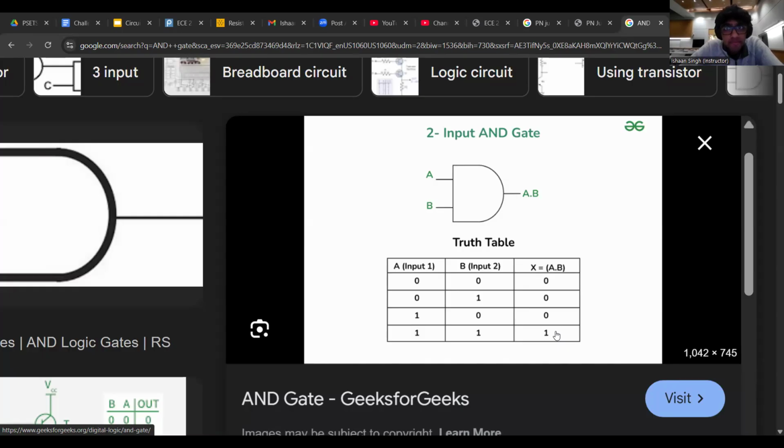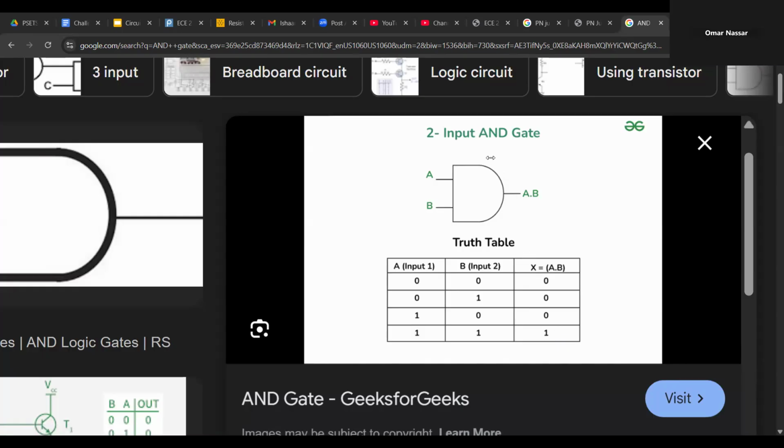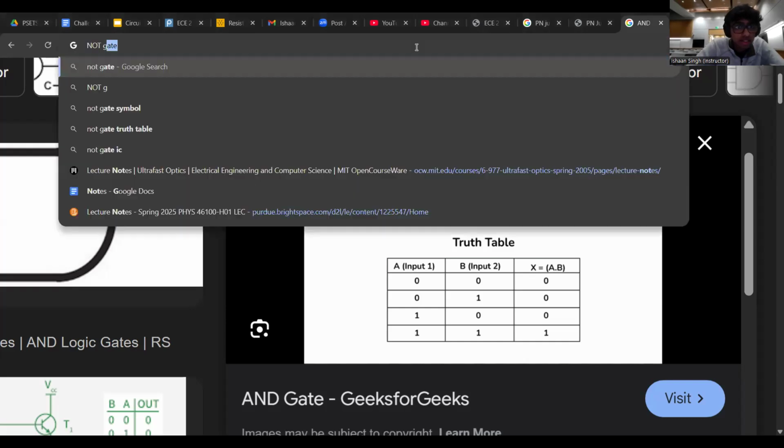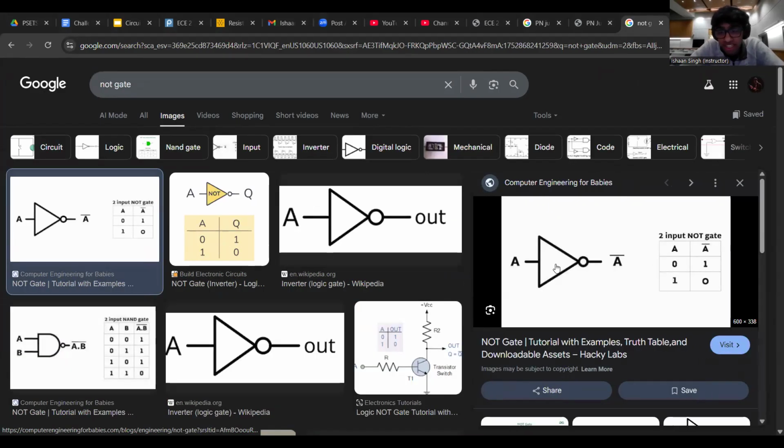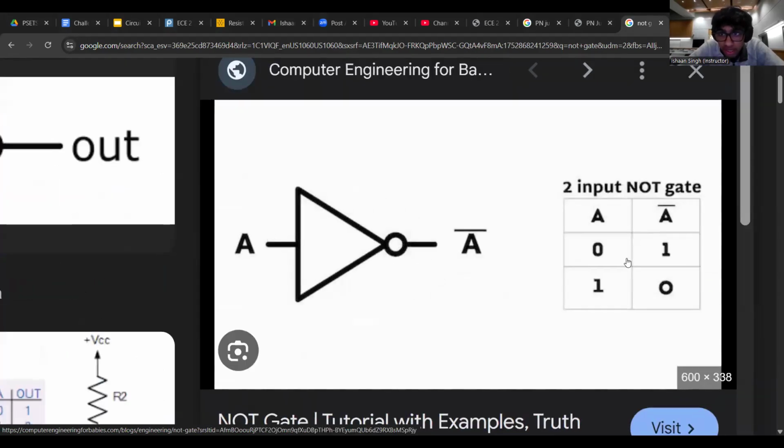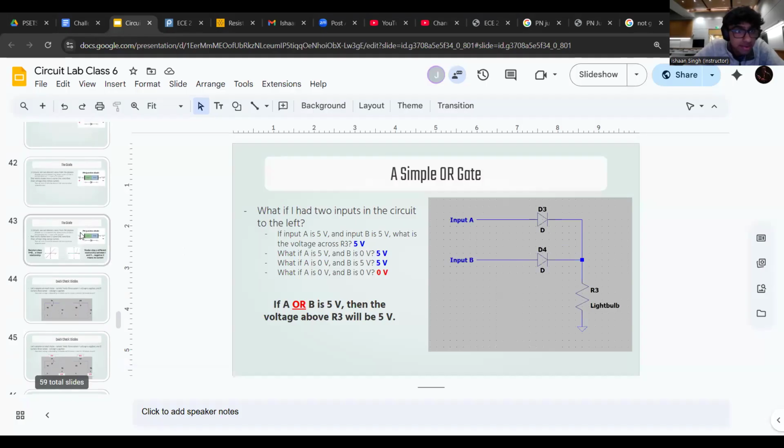Yeah, Omar? There's also something called a NOT gate. True. Again, yes, you're exactly right. So a NOT gate, if it takes in 0, it becomes a 1. If it takes in 1, it becomes a 0. But the key right here is that we need to be able to take in 0 and output 1. With a diode, I can't do that, right?